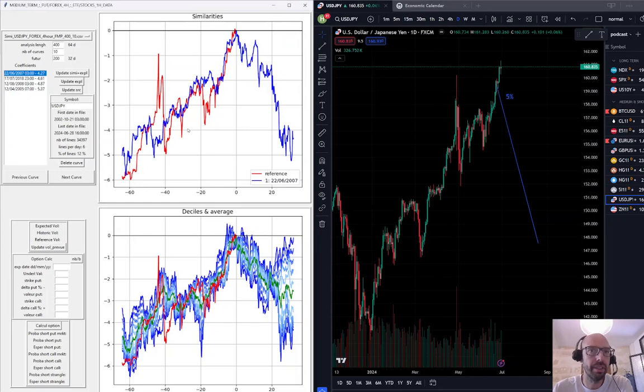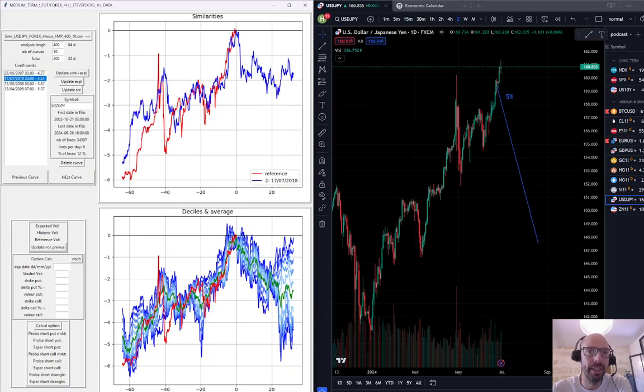For now, as we can see on the graph, it would be a quick down movement that would be followed by a 4-5% down movement. You can see the different curves here.